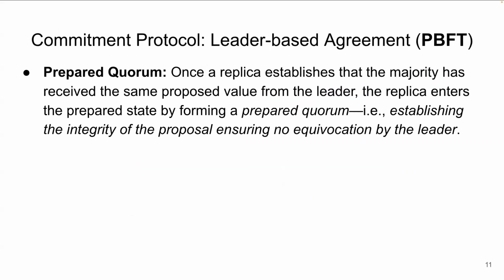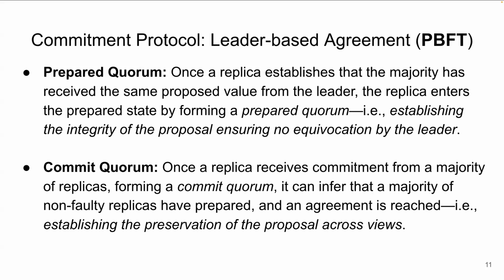So commitment, leader based, again, two essential things we talked about. The first is the prepared quorum. Once the replicas establish that the majority have received the same value, you can validate its integrity, and you can also say it's unique, and there was no equivocation. So that was the prepared quorum. Then we have the commit quorum.